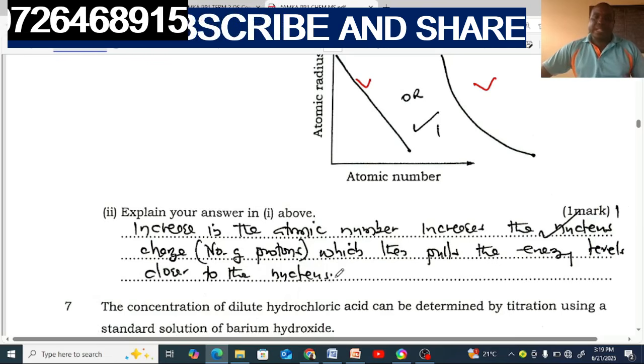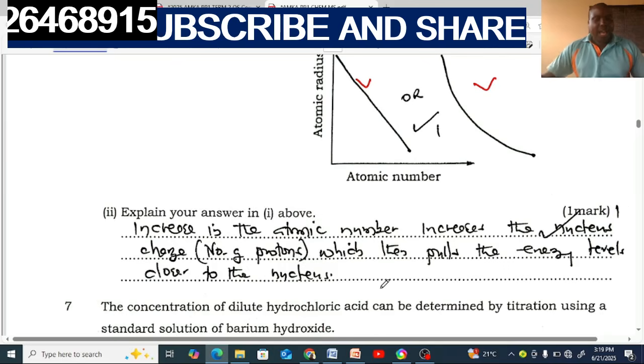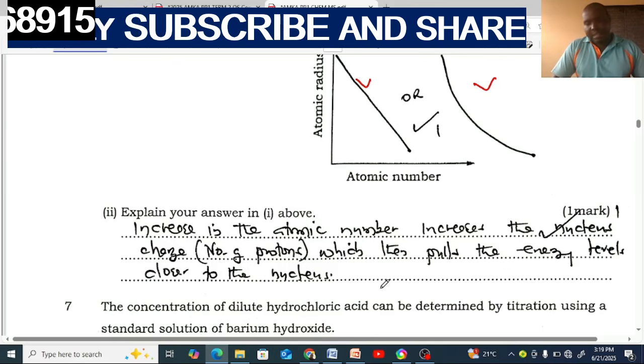So I want to explain again that as you move from left to right across period 3, the number of protons in the nucleus increases. That is true because we go from 13, 14, 15, 16, 17 up to 18 across the period.